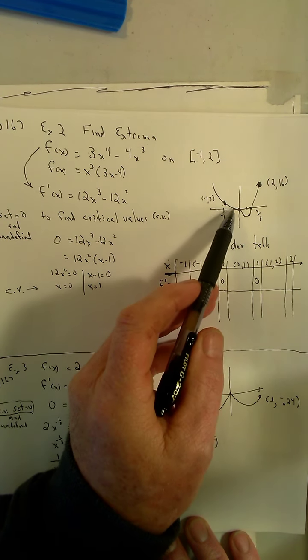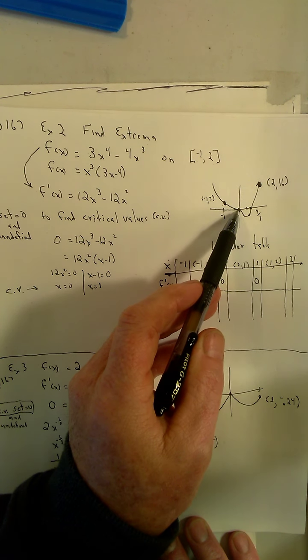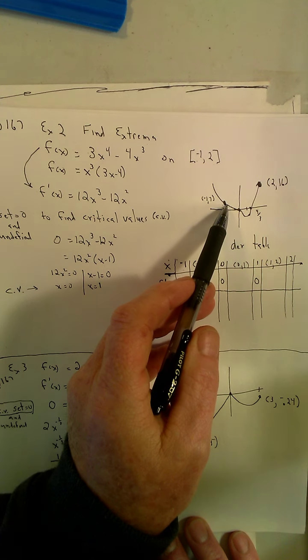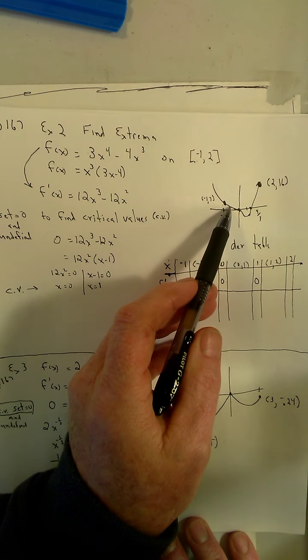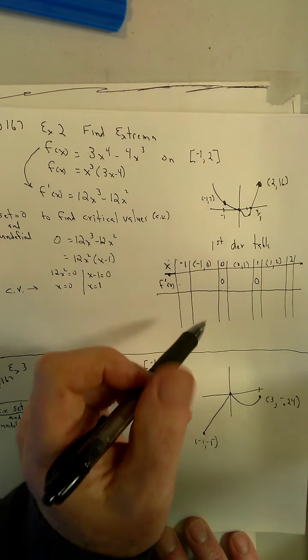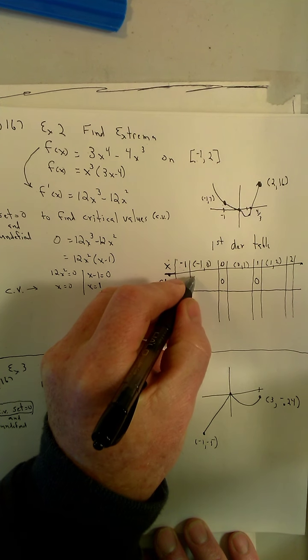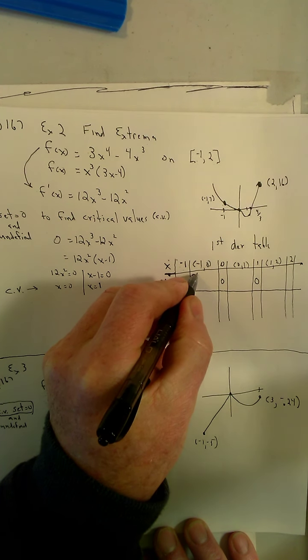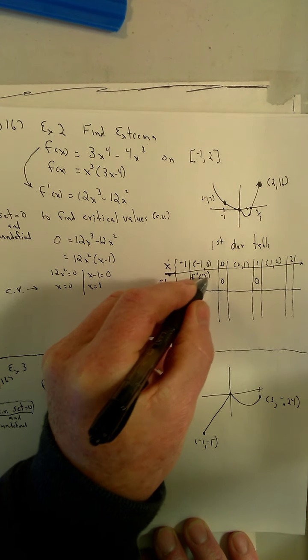So let's see, between -1 and 0, I'll pick -0.5 and see what's happening. Now when I plug -0.5 into the derivative, I'll end up getting a negative number. You can check it on your calculator. And all I'm going to do is write negative. That's all I care about.